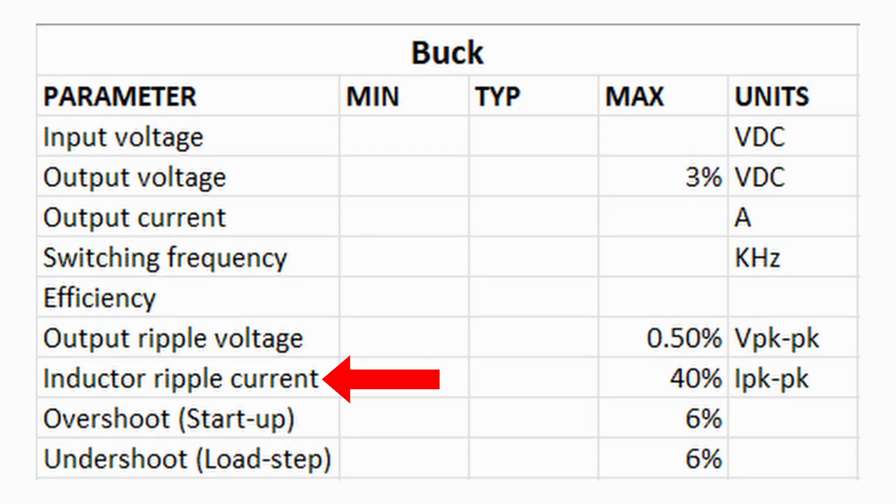The next parameter is the inductor ripple current, and that is a very interesting and critical parameter to specify. This parameter is usually expressed as a percentage of your maximum output current, and it is essentially a measure of how much the current through the inductor varies during operation. We will use this parameter to help us calculate the peak current through the inductor, which is critical for speccing our inductor because it tells us what its saturation current rating needs to be.